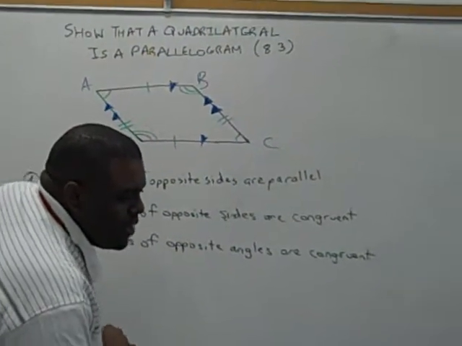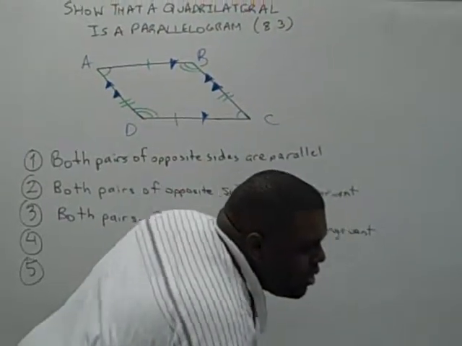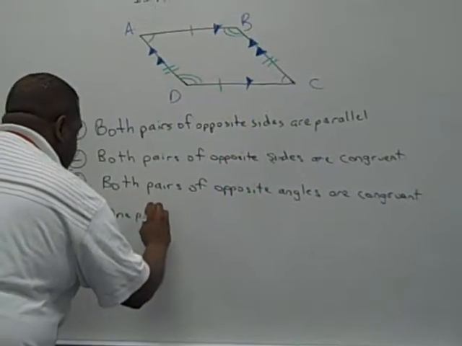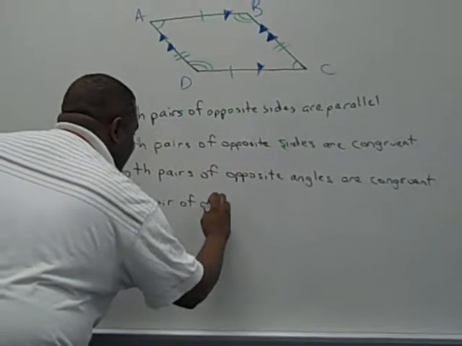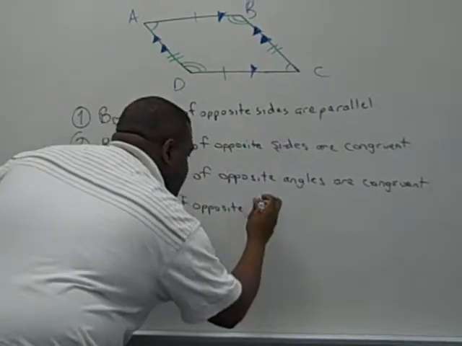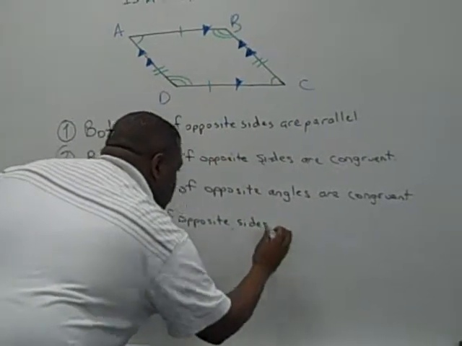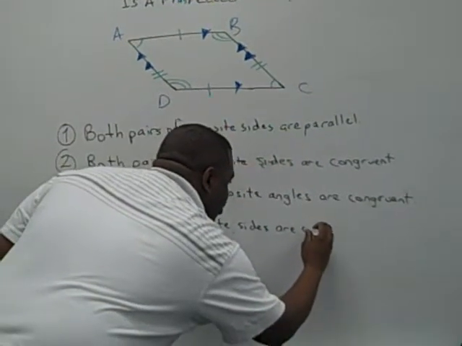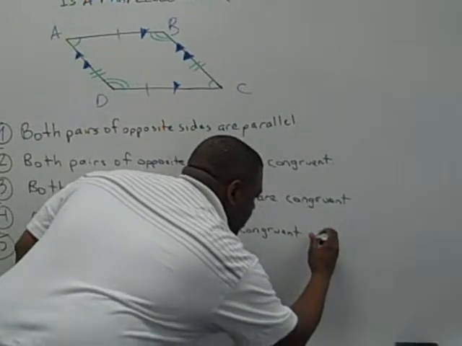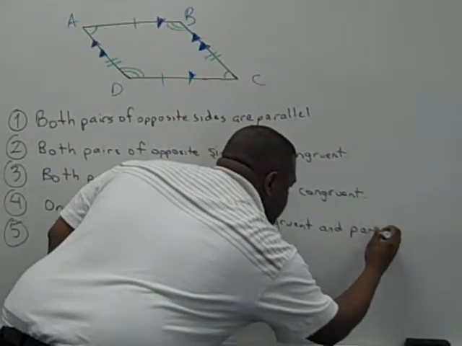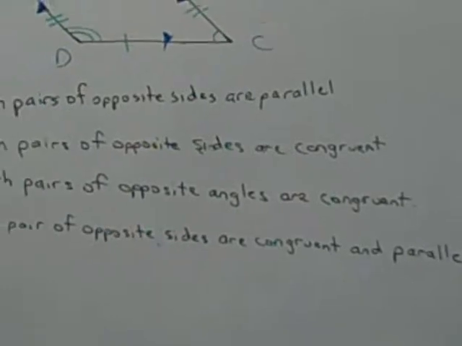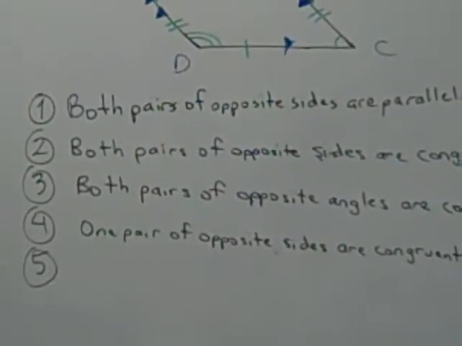The fourth way is that if I can prove that one pair of opposite sides are congruent and parallel, then I can prove that the quadrilateral is a parallelogram.